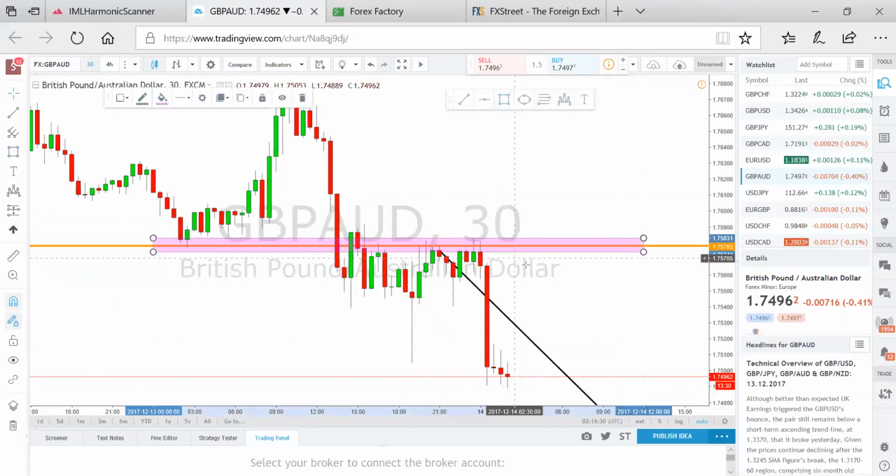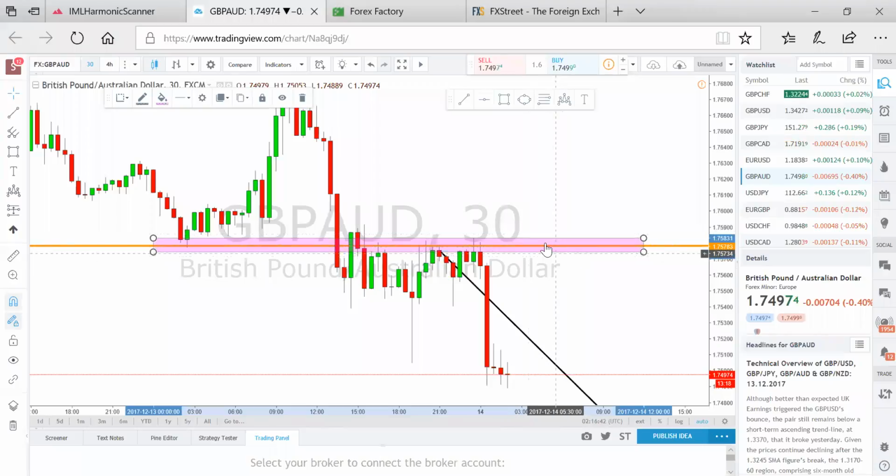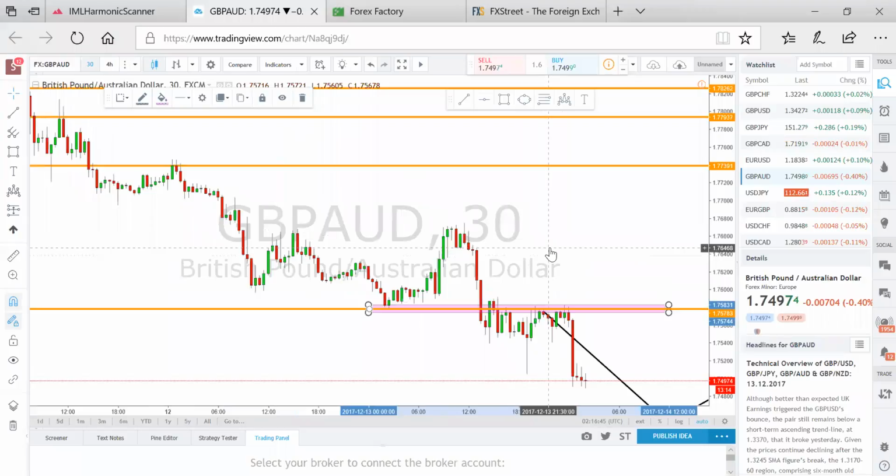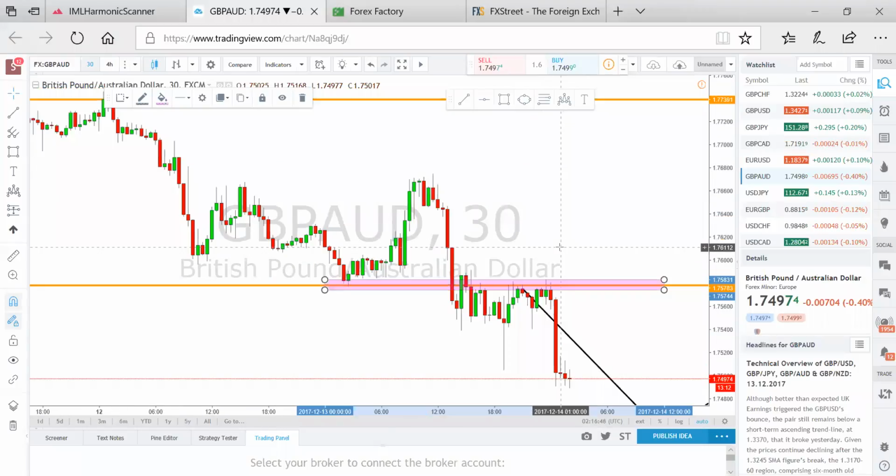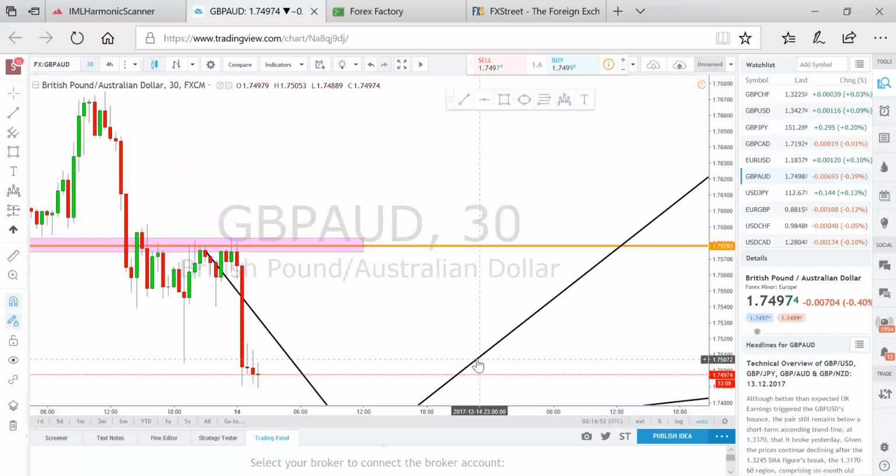If price comes back into that zone and closes below that zone, I'm going to take a sell. Right now, I don't know if price will go up in a buy. Right now, you just need to wait. But if price comes back in this area, I am going to take a sell. But if price comes down to this trend line, I am going to take a buy.